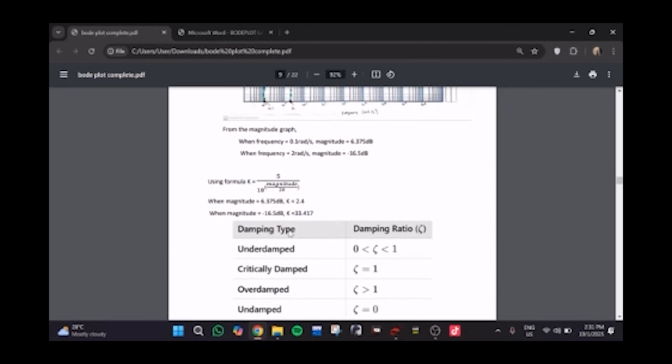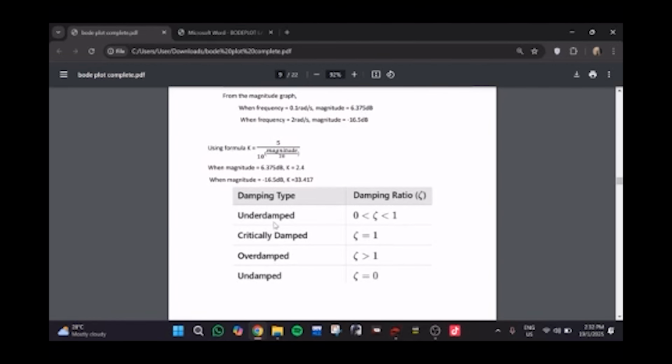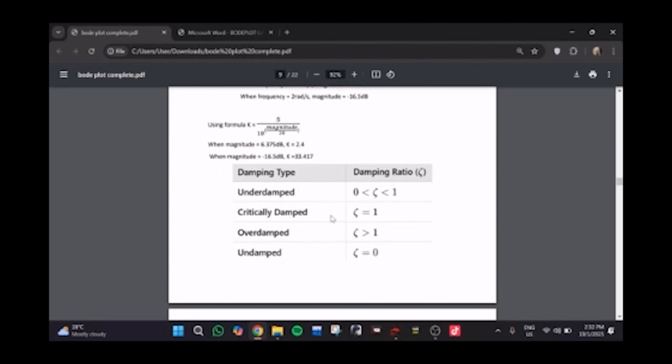Using the formula, when the magnitude is 6.375 dB, K equals 2.4. When the magnitude is negative 16.5 dB, K equals 33.417. So this one is a table of damping types: underdamped, critically damped, overdamped, by damping ratio.